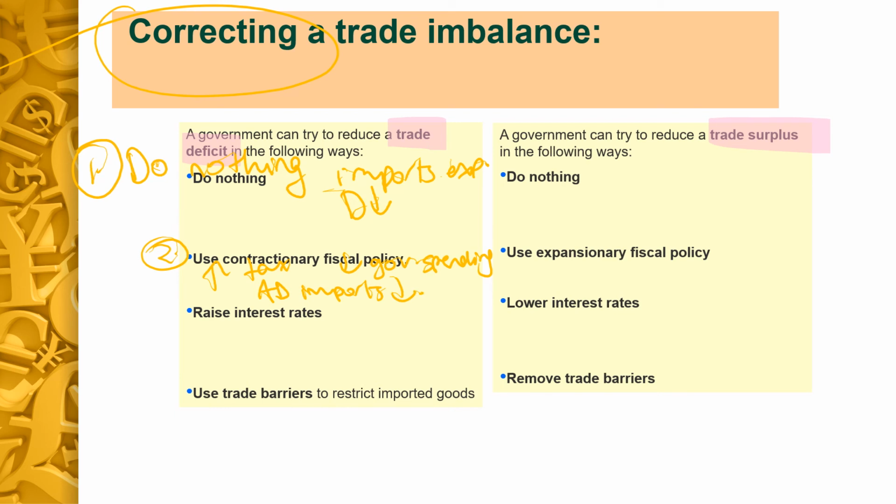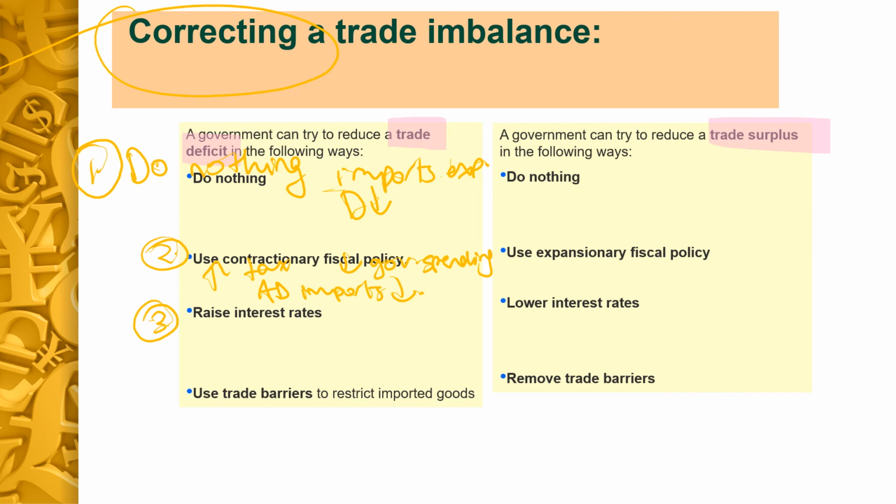The third way would be to raise the interest rate. What will this do? It will attract an inflow of savings from overseas. So people from outside would be interested in saving their money in our country since they will be receiving higher interest rate. And this will reduce borrowing by consumers because they will end up paying much more on the loan that they will take.